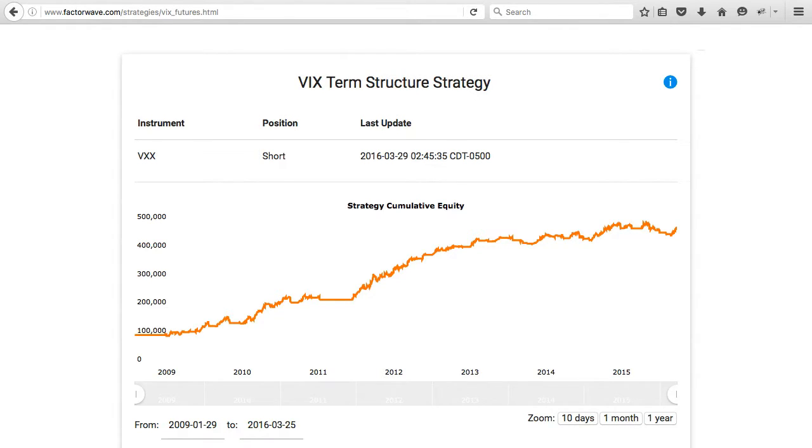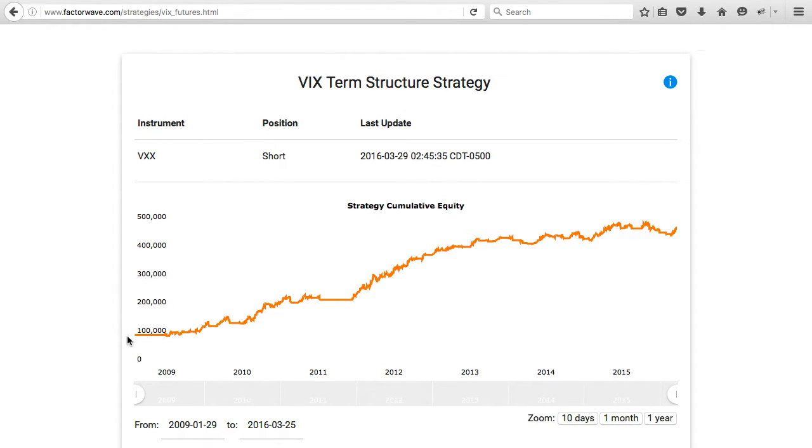Now, when the front-month futures are trading below the back-month future, this means in essence they will always be selling low and buying high. And this effect can create a drift in the VXX price. When the term structure becomes steep enough, we can take advantage of this by shorting VXX.